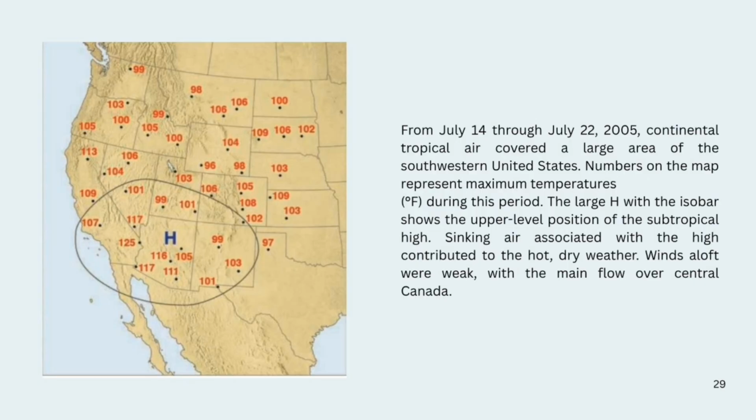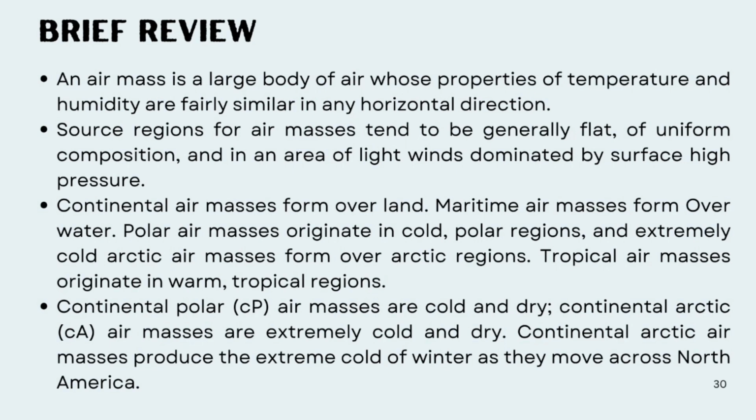Characteristics of each depend upon the air mass source region and the type of surface over which the air mass moves. So before we proceed to fronts and middle latitude cyclones, to be discussed by Miss Kimberly Gomez, let's have first a brief review about the air masses.